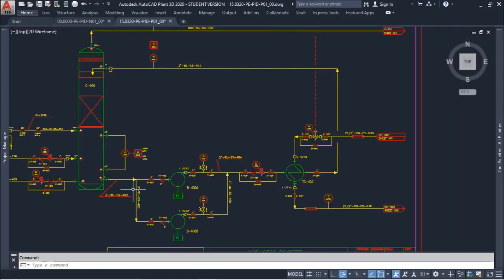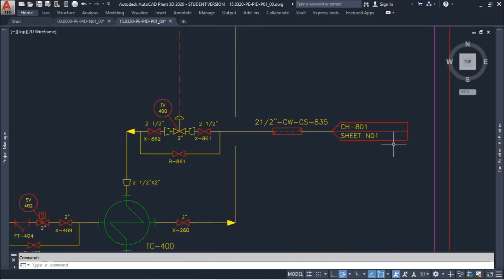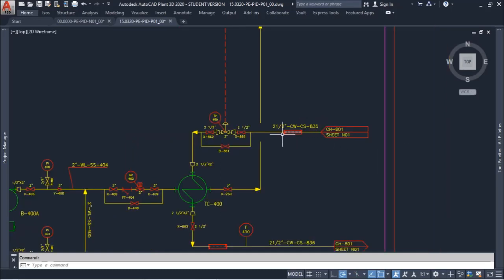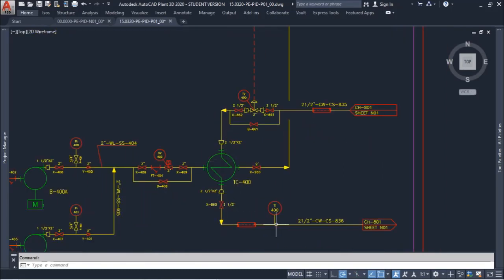And on the other hand, we have a recirculation pump here, one standby from another. It could be running in parallel, but in this case one is in standby, and we have here a heat exchanger where we have a cooling media going from CH801 from sheet N01, and the stream returns to CH801.